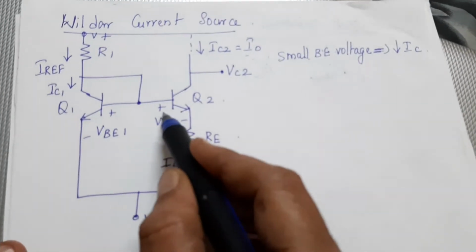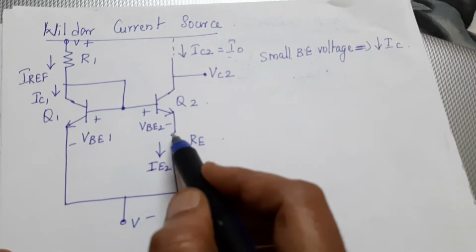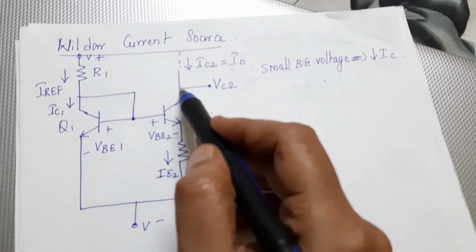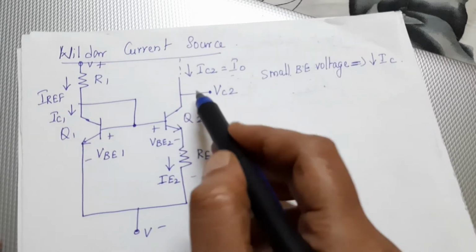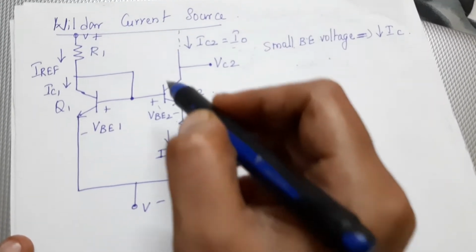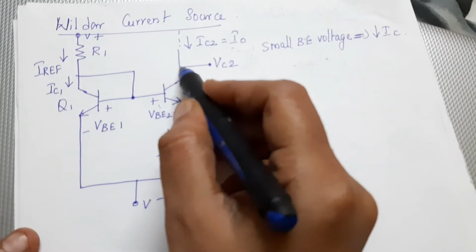That will decrease the collector current, because across the collector of transistor Q2 only we are going to take the output. If this voltage is very small, obviously the collector current will be reduced.